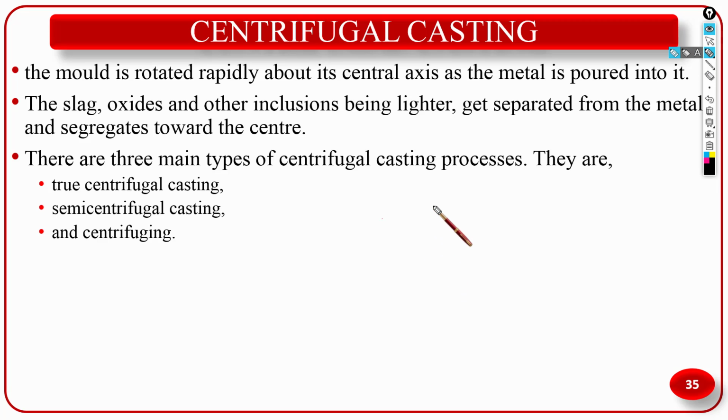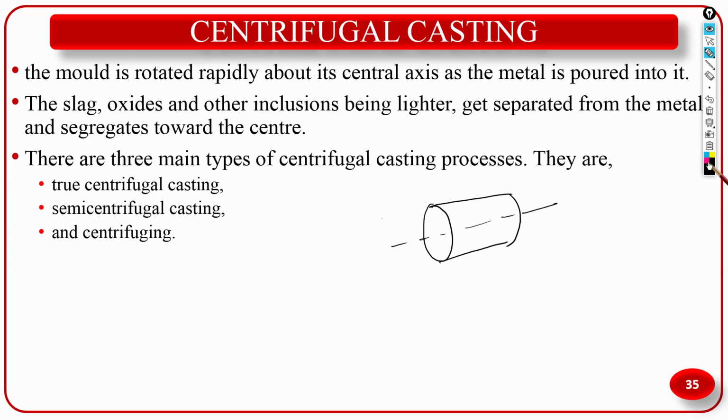Big pipes, the ones which carry water or oil, are made by centrifugal casting. Okay, metallic pipes.